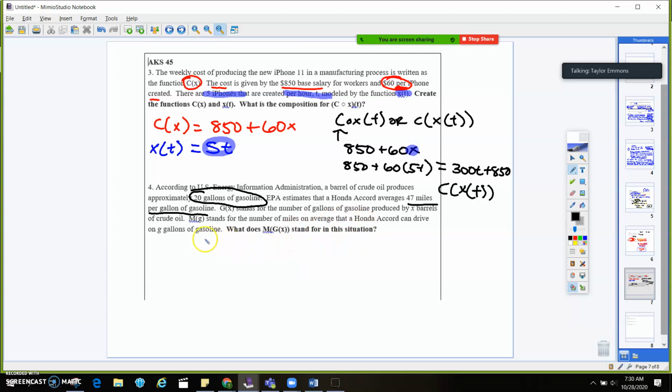So let's take what M of G is, right? M of G is the number of miles a Honda Accord can drive.